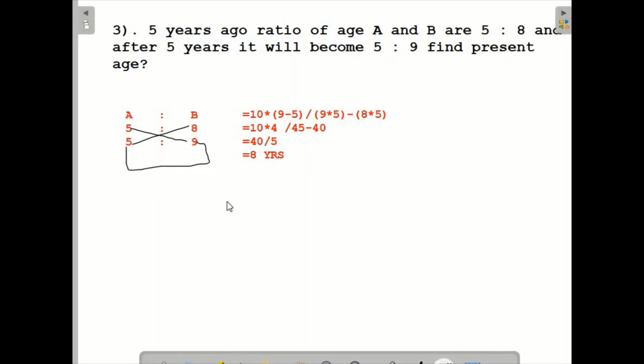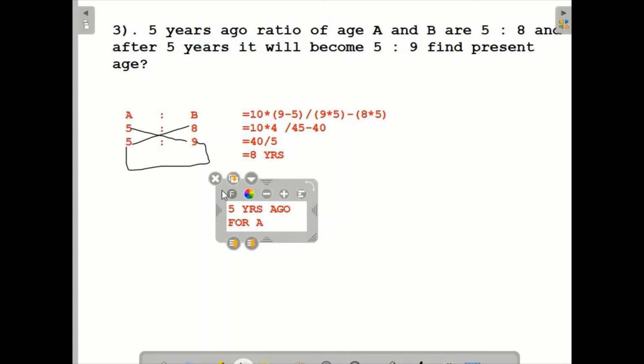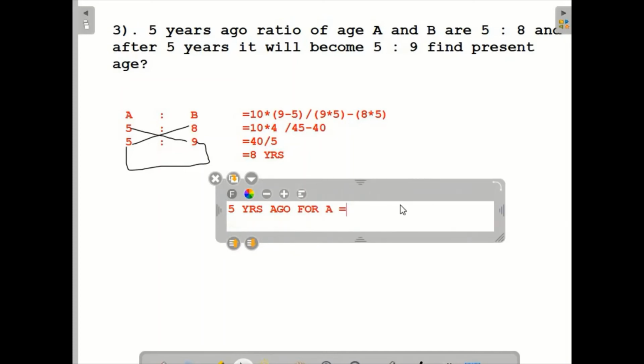So for that, 5 years ago, for A equal to 5 into 8, for B equal to 8 into 8.